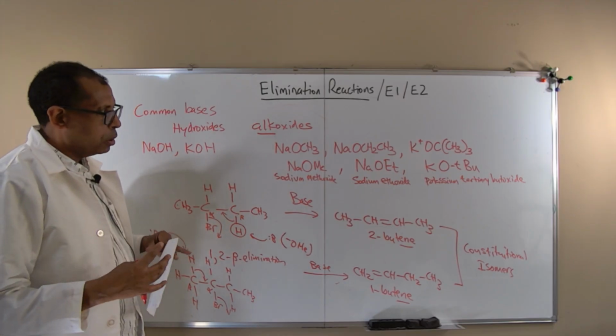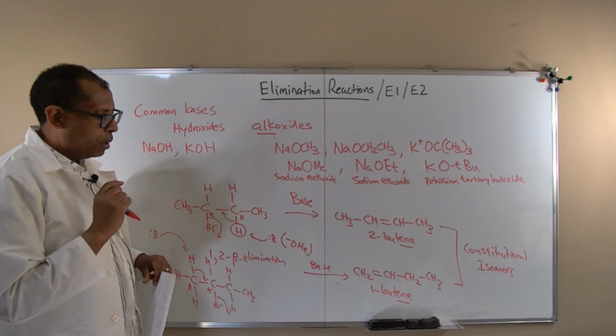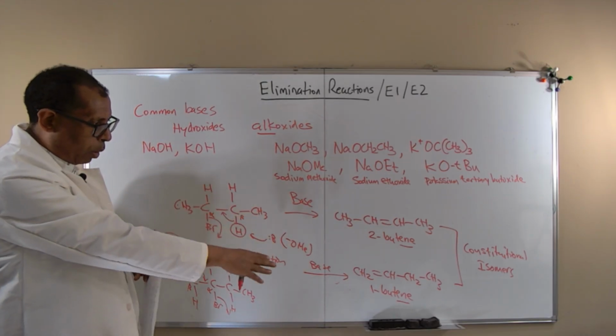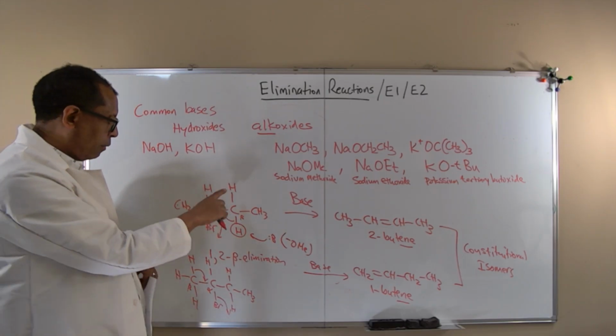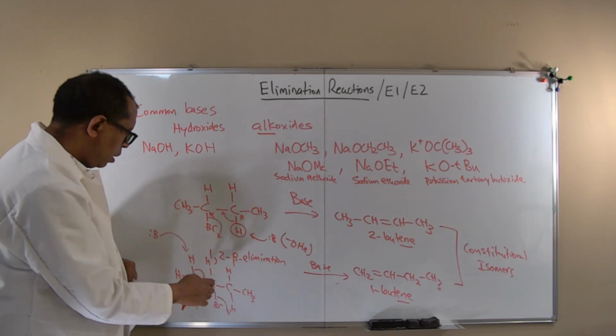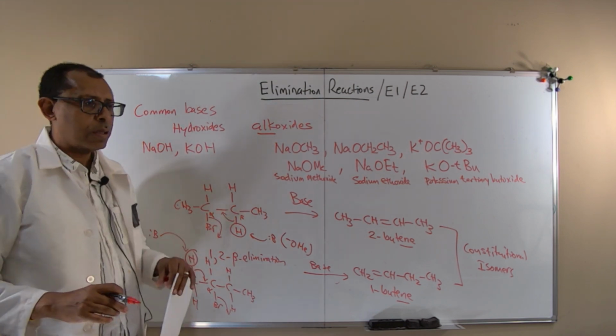We'll go deeper into the details of the mechanism of the reaction, but you should be aware of what those two compounds came from. One is from abstraction of this beta hydrogen, the other is from abstraction of one of the other beta hydrogens.